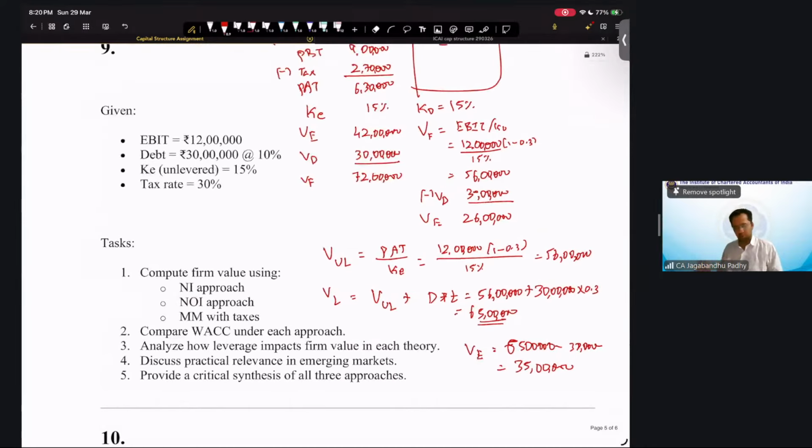So we have done all the three approaches: net income approach, net operating income approach, and also the one with taxes. Now we'll compare the WACC under each approach.